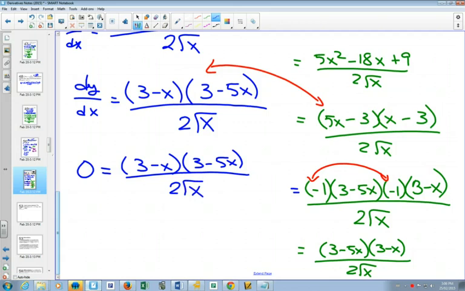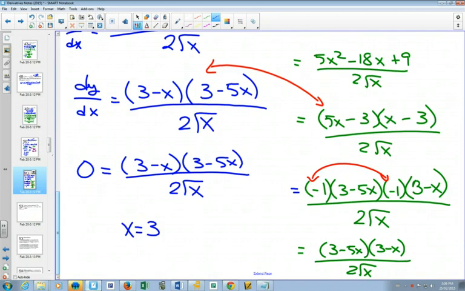And this whole process of simplifying it was nice because, first of all, if a fraction is equal to 0, the only way a fraction can equal 0 is if the numerator is 0. So we really don't even have to worry about the 2 root x on the bottom at all. And since the top is already factored, you can go directly to the answer.